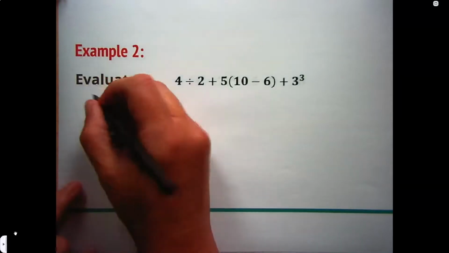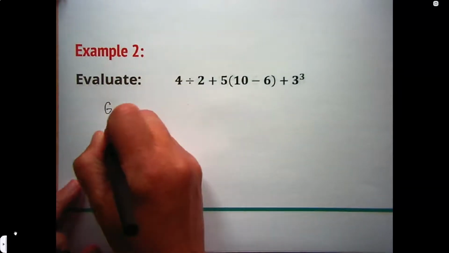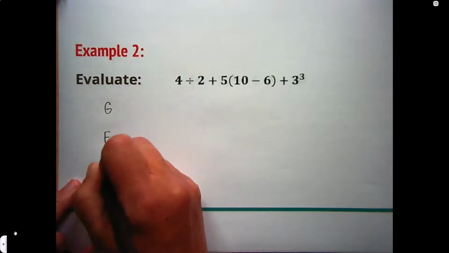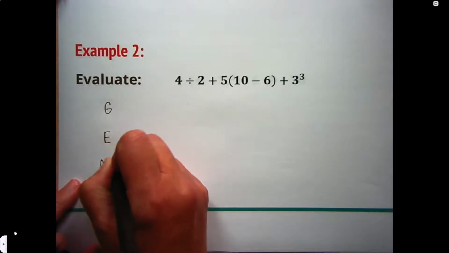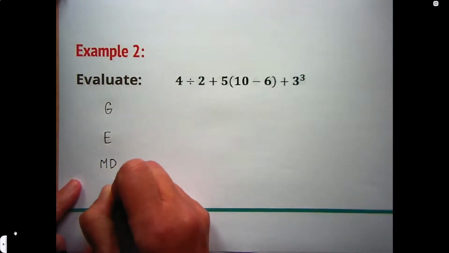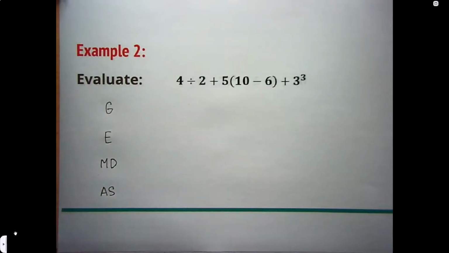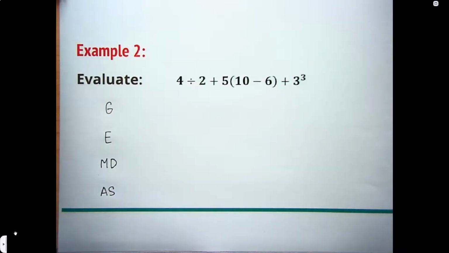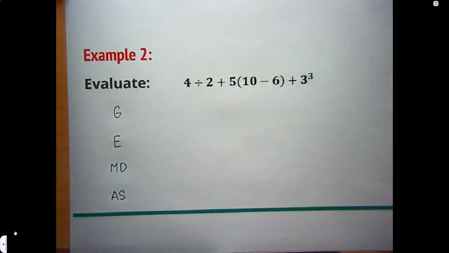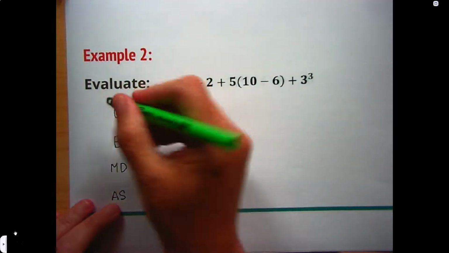And again, to keep me on track, I'm going to come over here to the side and write down GEMDAS so I can follow that and make sure that I do this correctly.